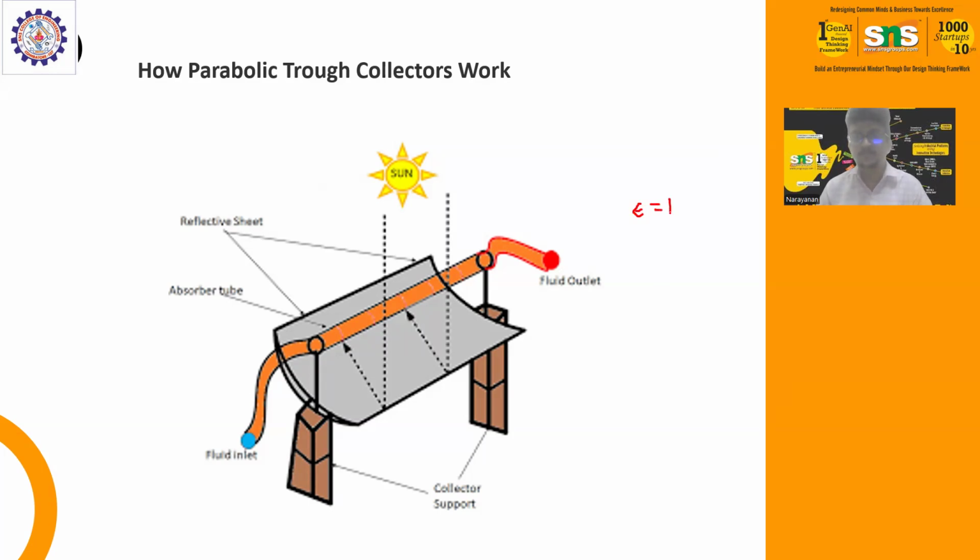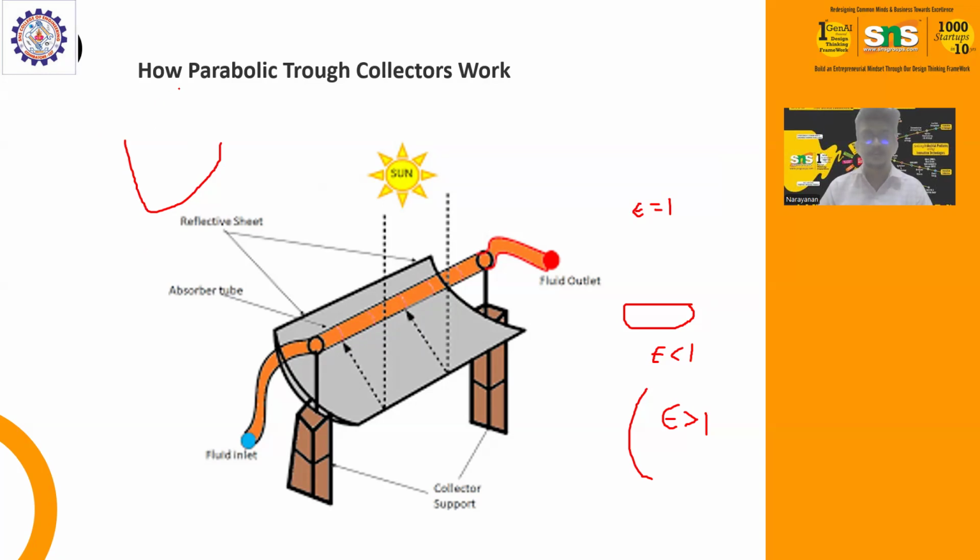The parabola is a shape with eccentricity of 1, whereas an ellipse is a shape with eccentricity less than 1, and a hyperbola is a shape with eccentricity greater than 1. So eccentricity equal to 1 means the distance from the focus and the maximum length from the center is 1.